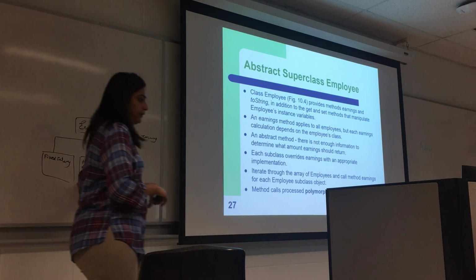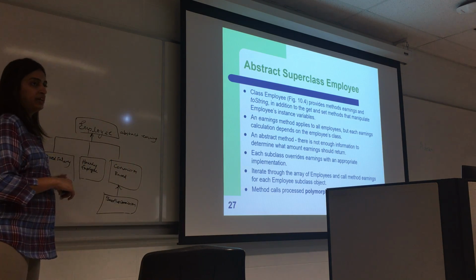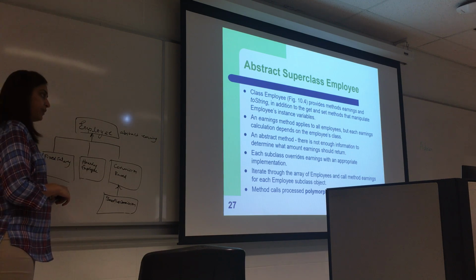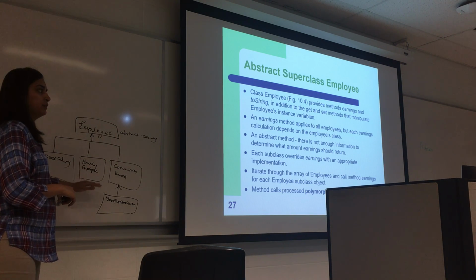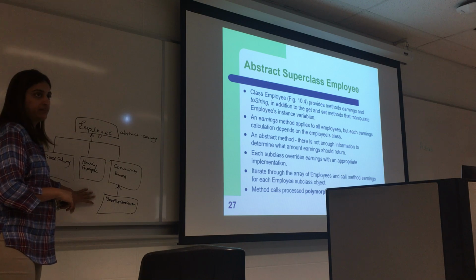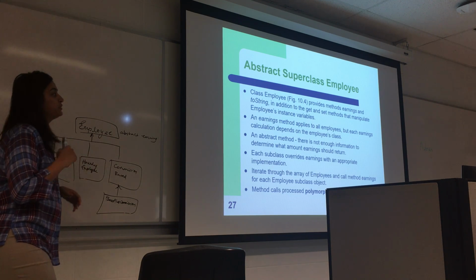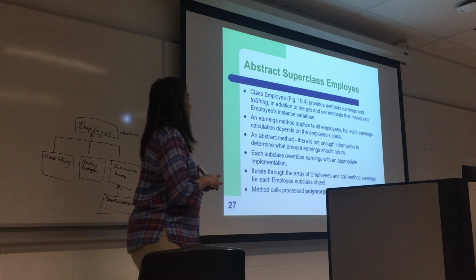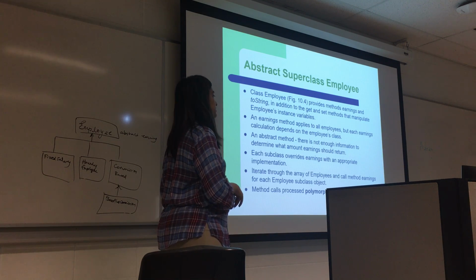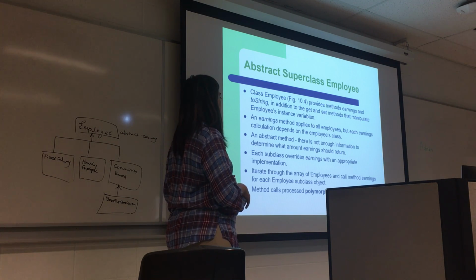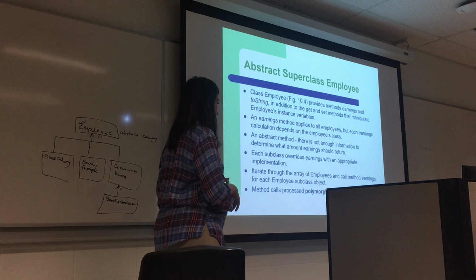Hourly employees' earnings will be calculated depending on the number of hours worked times the hourly salary, and if it's greater than 40, then you're going to give 1.5 times the salary, right? Iterate through the array of employees and call the method earnings for each employee subclass object.